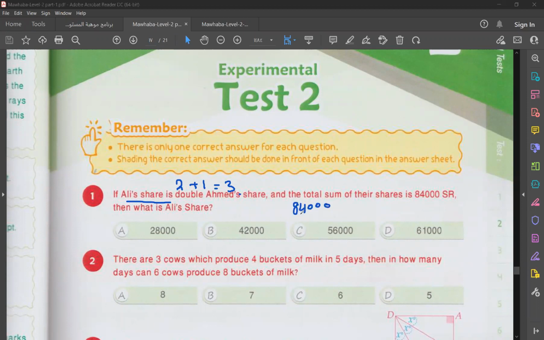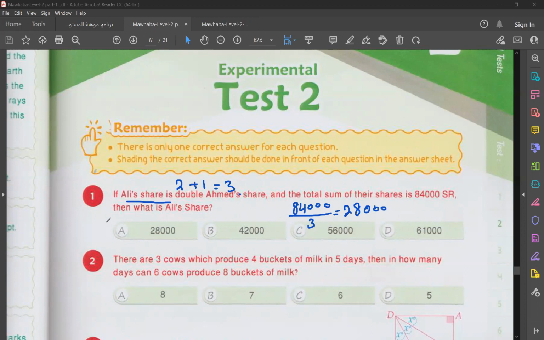Only you divide it. 84,000, we find 1 share only, divided by 3. So when I divide by 3, the answer is what? 28,000, right? Each share is 28,000.